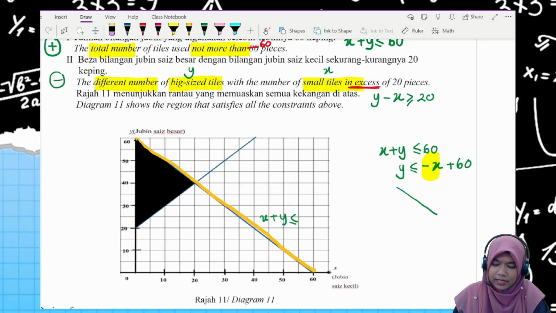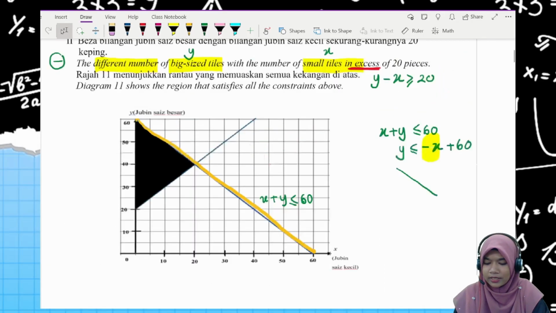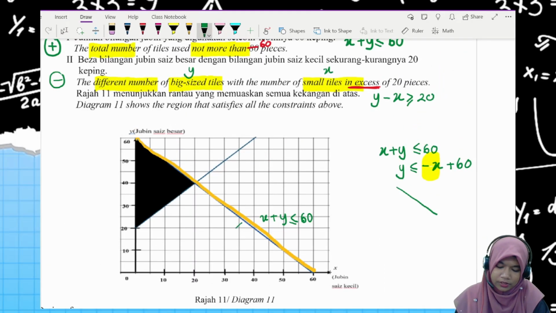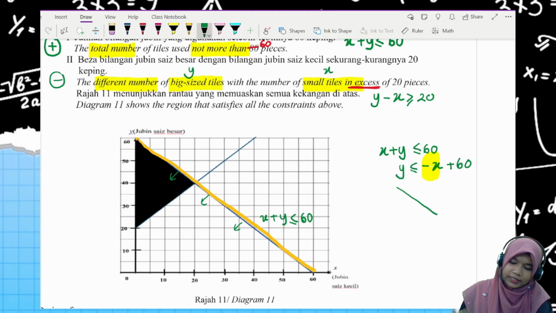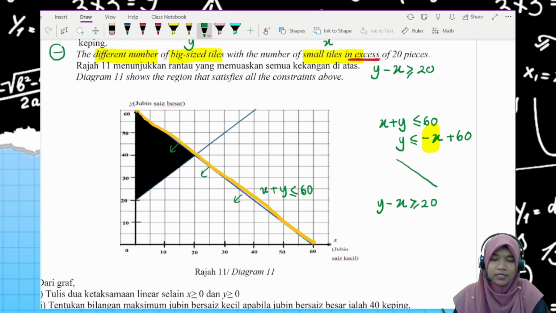Less than means that it is below the line. So the region below the line. And then for the second inequality, y minus x greater than or equals to 0, arrange the inequality in general form.